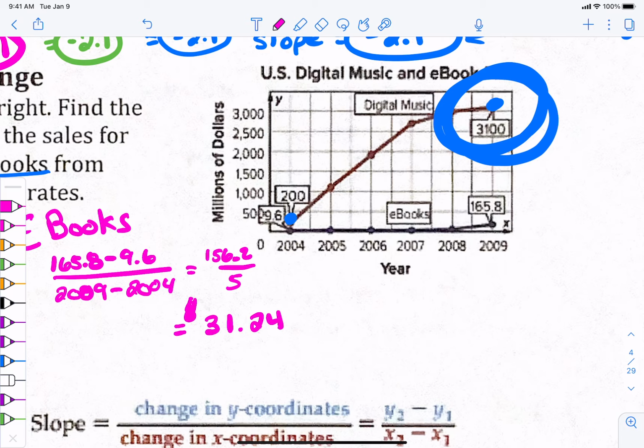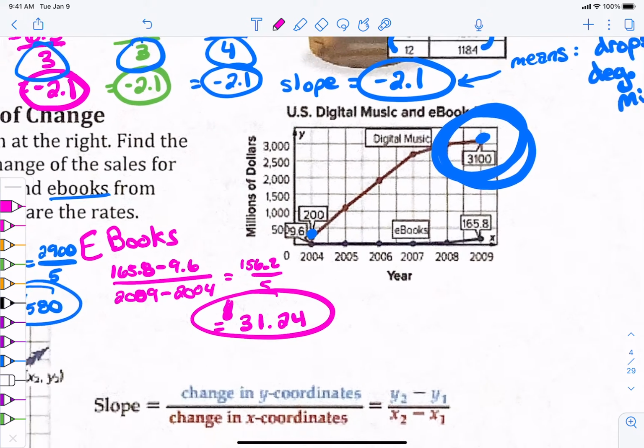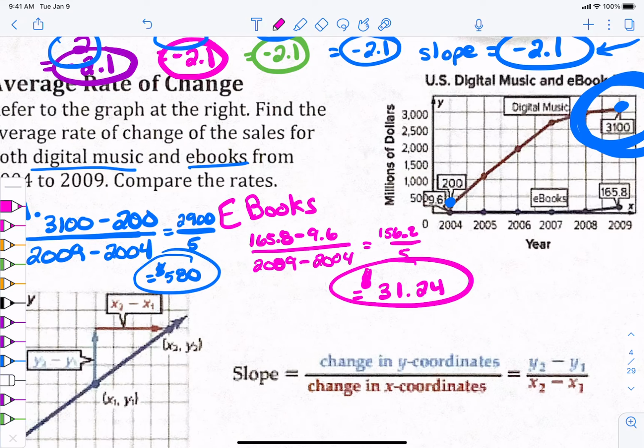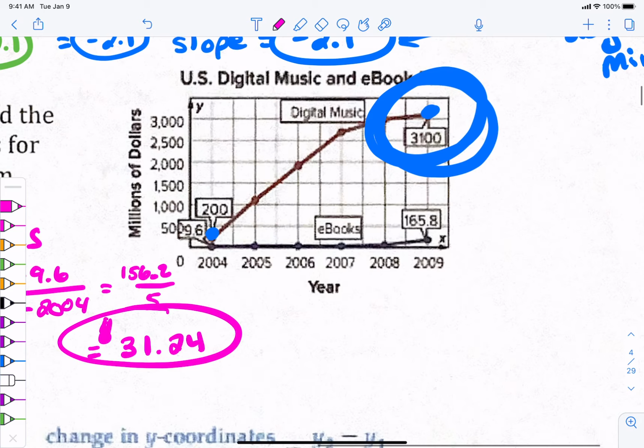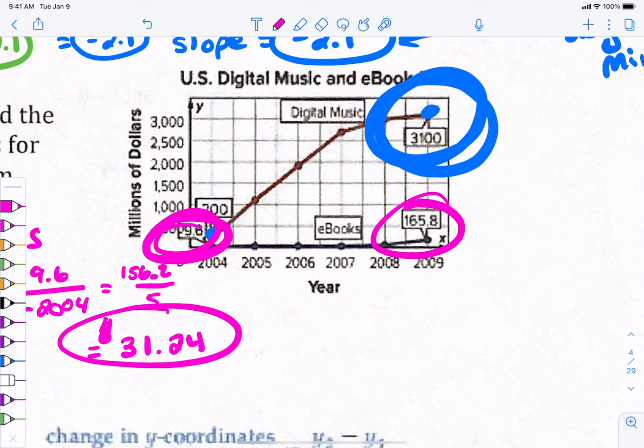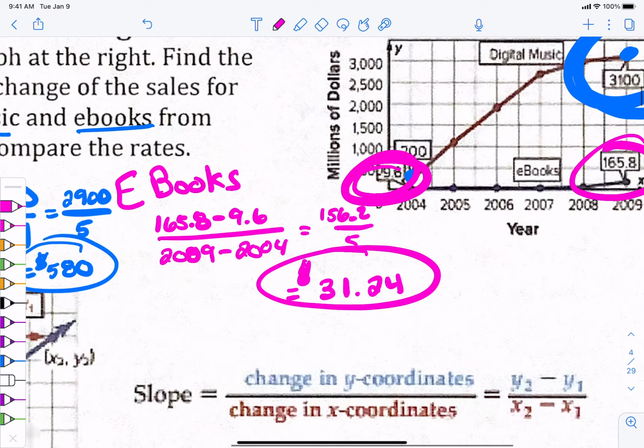So this means that it's gone up on average $31.24 million per year, right? We divide by 5 because that's how many years have elapsed between these 2 points right here. The increase divided by 5 is how much per year it's gone up. All right, that makes sense.